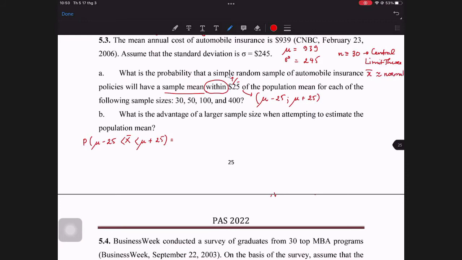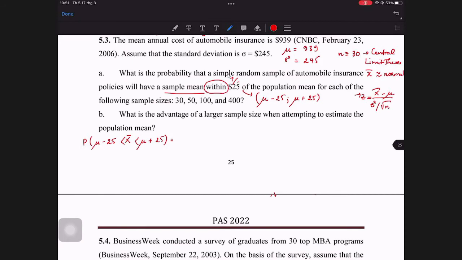So once we use the central limit theorem, given that our sample size here is at least 30, the sampling distribution of X bar is approximately normal. After that, we can standardize X bar using sigma over square root of n so that we can look up the table.